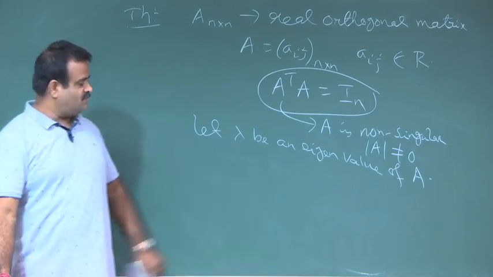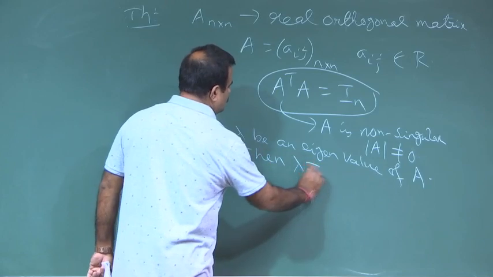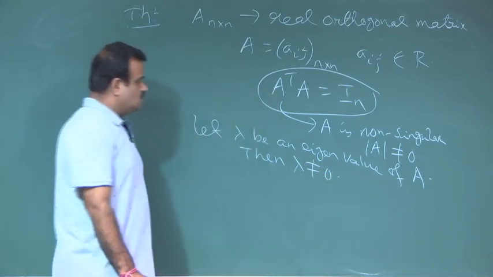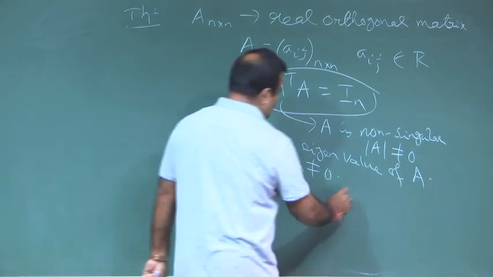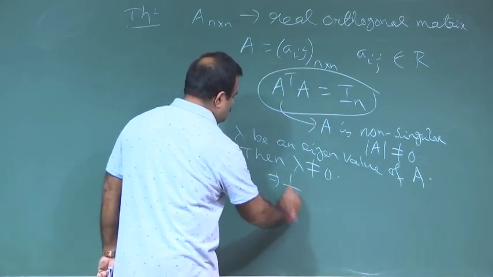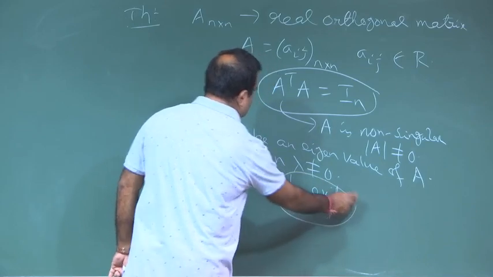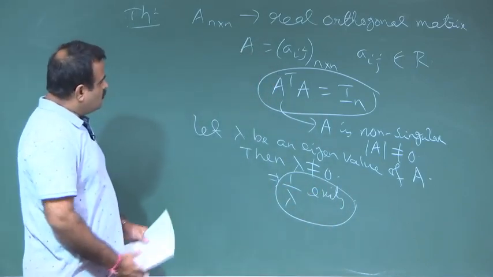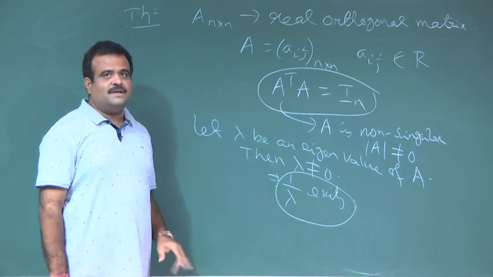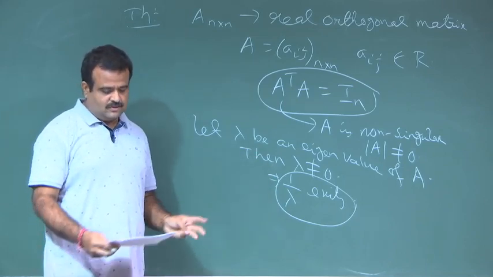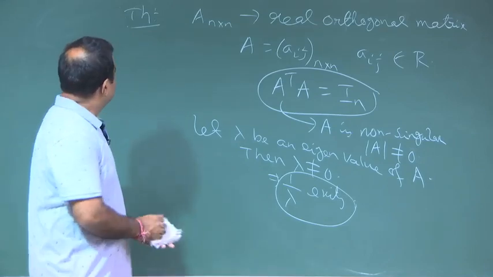This result we have seen. So, any eigenvalue is not equal to 0. So, once it is non-zero, then 1 by lambda exists in the real field. And we are going to show that if lambda is an eigenvalue of A, then 1 by lambda is also an eigenvalue of A. That is what this theorem is all about. So, we have to prove this.